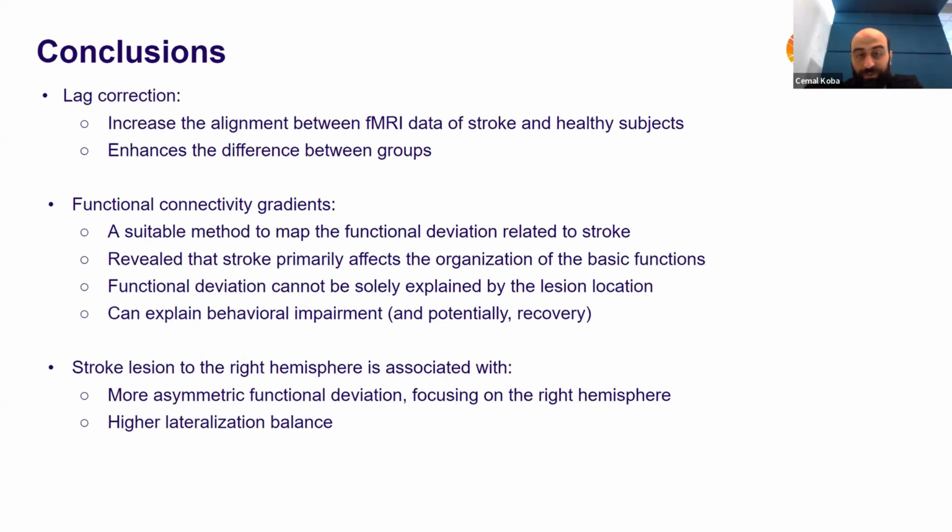And stroke lesion to the right hemisphere is associated with a more asymmetric functional deviation profile, focusing on the right hemisphere, and higher lateralization balance, meaning that if you have your left hemisphere intact, your laterality index will be kept.